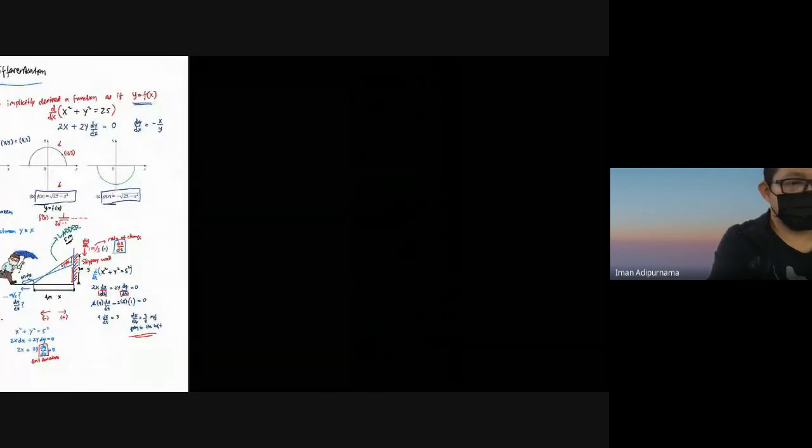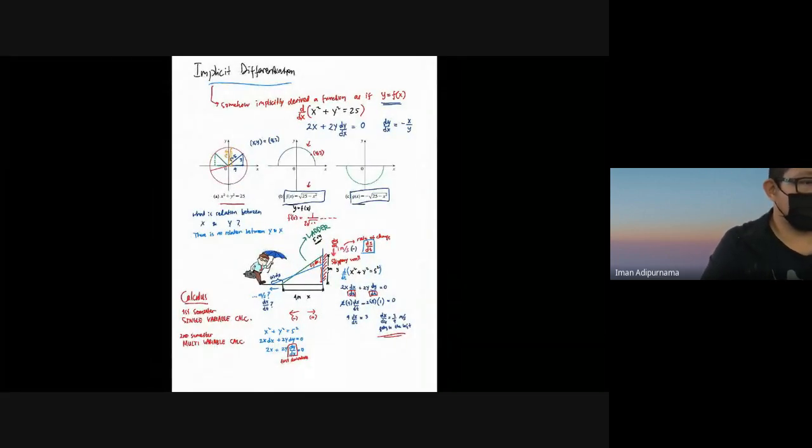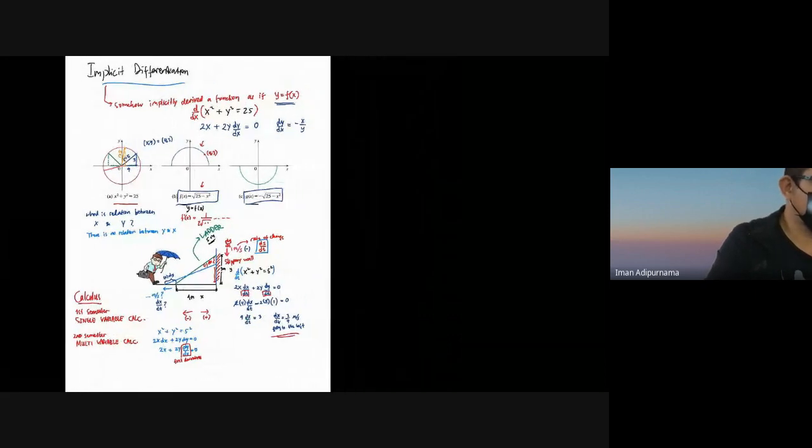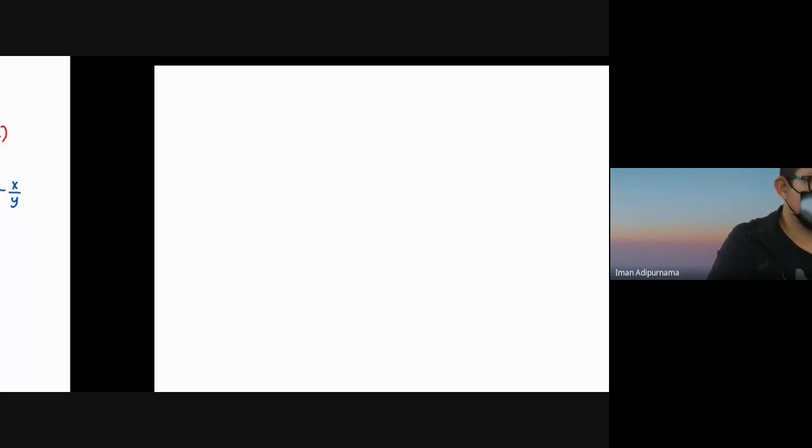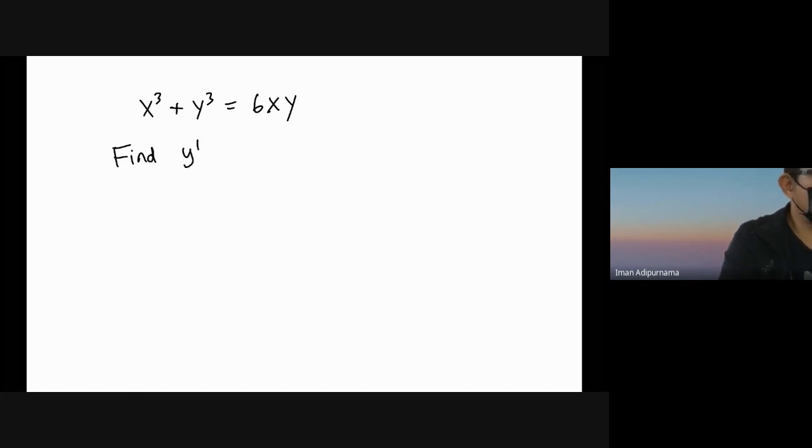Okay, so what's the thing that you need to at least remember or keep in mind for implicit differentiation? Well, let's just get to some problem here. So find y prime, or maybe find dy over dx.